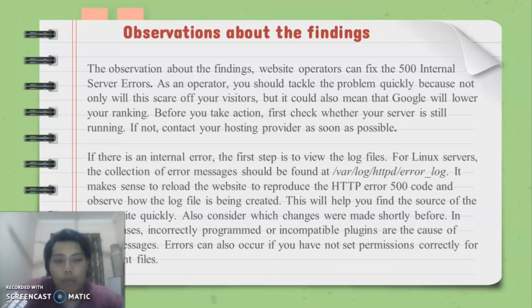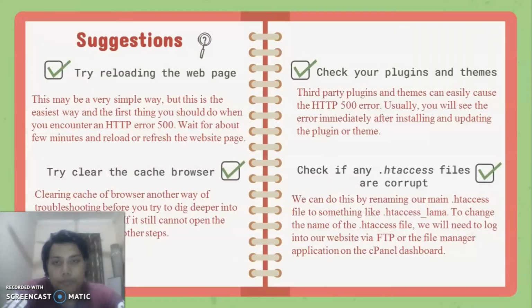This will help you find the source of the error quite quickly. Also consider which changes were made shortly before. In many cases, incorrectly programmed or incompatible plugins are the cause of the error message. Errors can also occur if you have not set permissions correctly for important files.